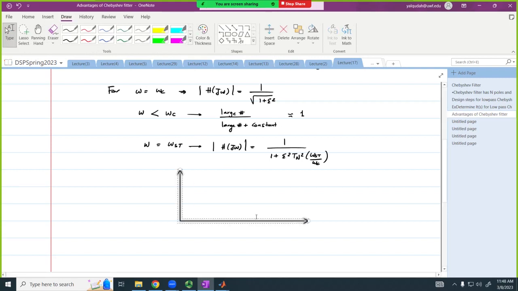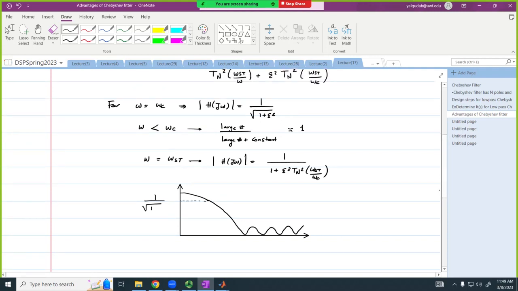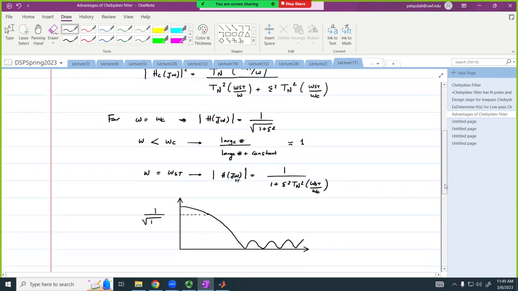Okay. So if I look at the frequency response of the filter, it looks something like this. For omega equals omega stop, would it be the quantity magnitude of H j omega squared? Yes, there is a square root.